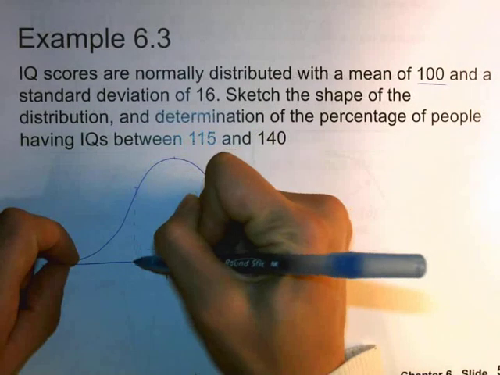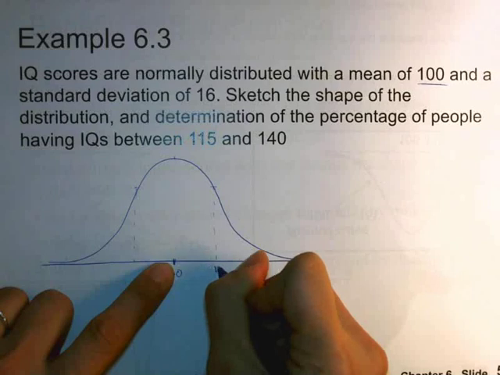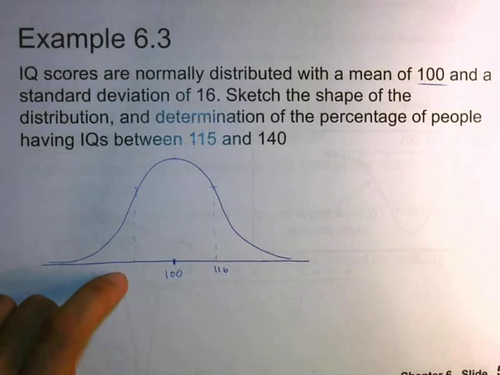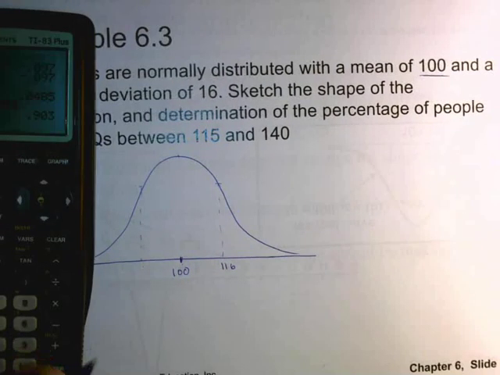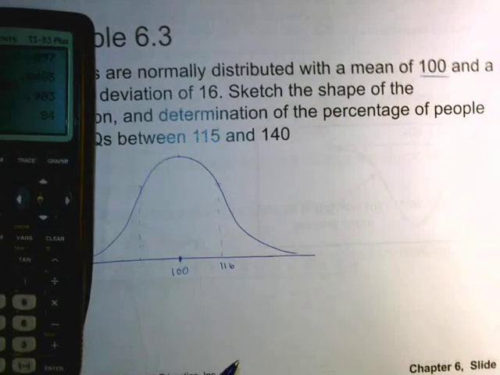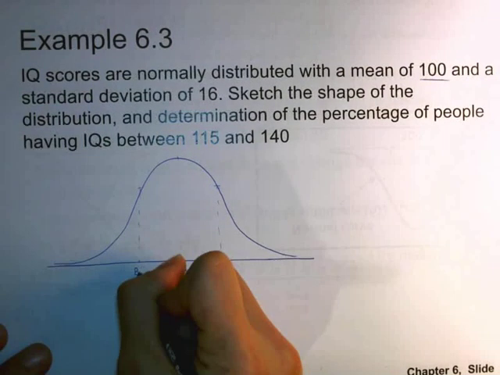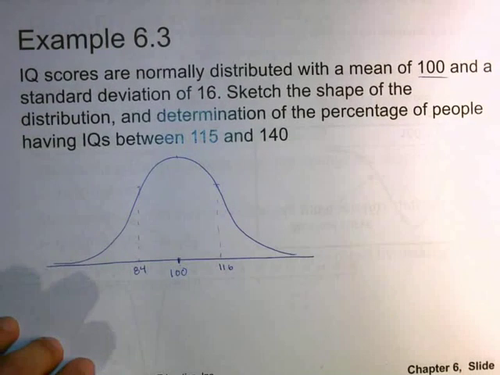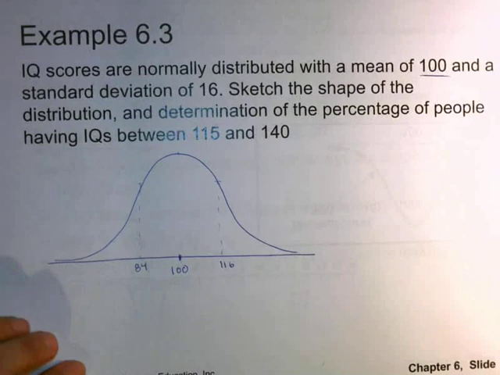And the standard deviation is 16. So if I go down here, I look about where this is 2/3 or so as tall as it is up there. That's where I'm going to draw my plus and minus 1 standard deviation lines. So 100 plus 1 standard deviation, that's 116. And 100 minus 1 standard deviation is 100 minus 16, and that's 84.